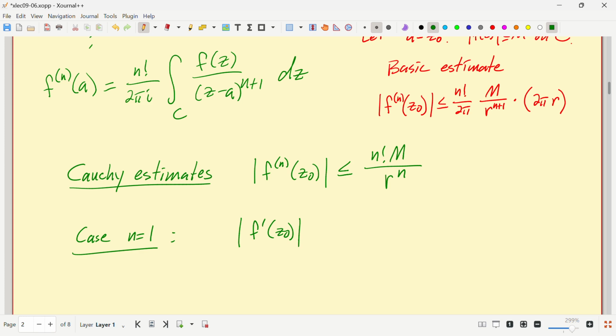But if it's analytic, then it can't do any such thing. This is less than or equal to m over r to the 1, where m is equal to the max of mod f on the trace of C.